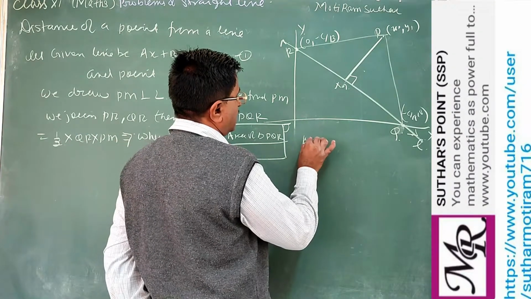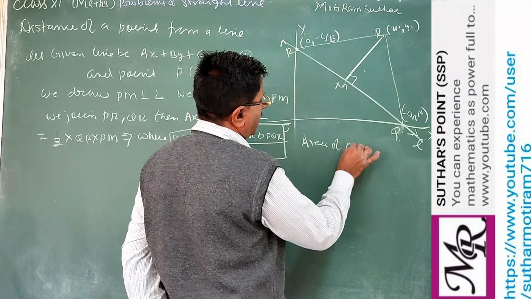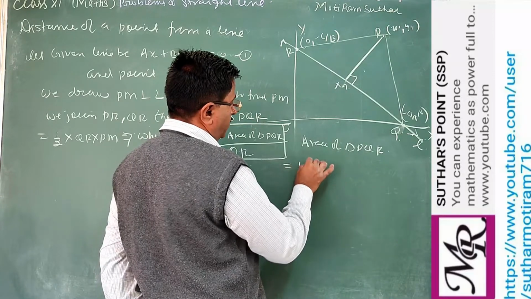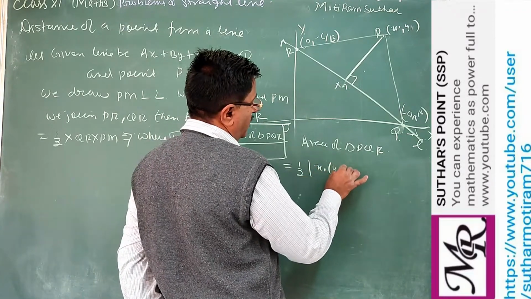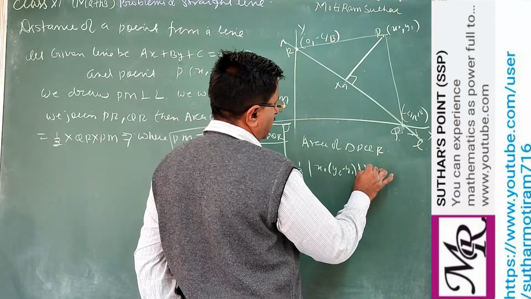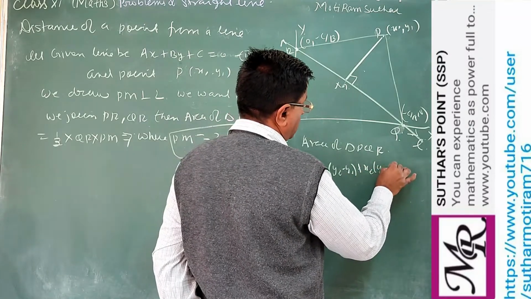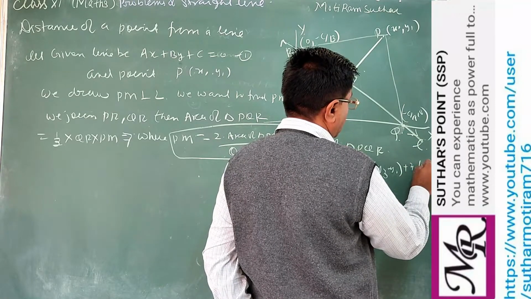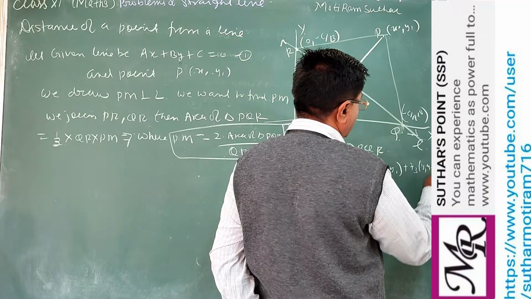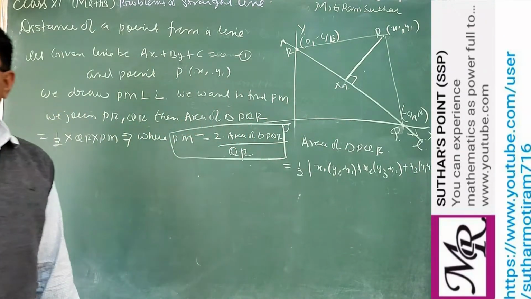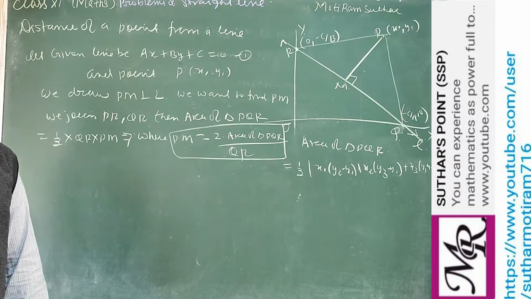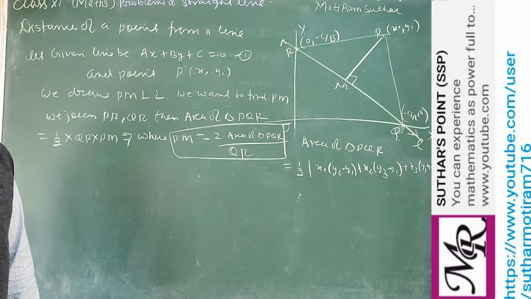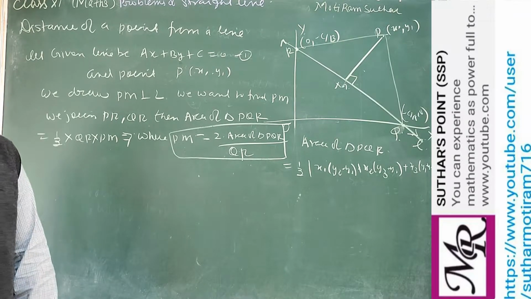So separately find the area of triangle PQR, equal to the formula 1 by 2 [x1(y2 minus y3) plus x2(y3 minus y1) plus x3(y1 minus y2)]. This is the general formula we use for finding the area of a triangle. Clear? Now use all these and you can find the area.